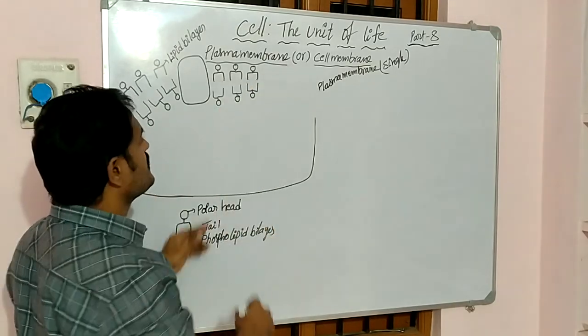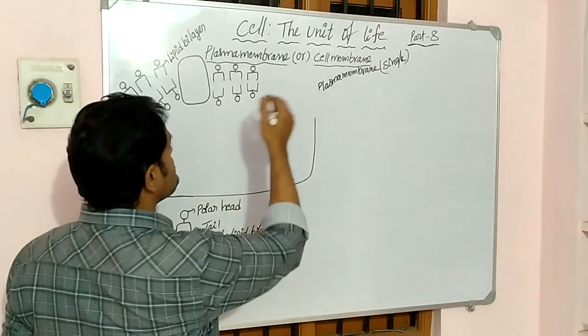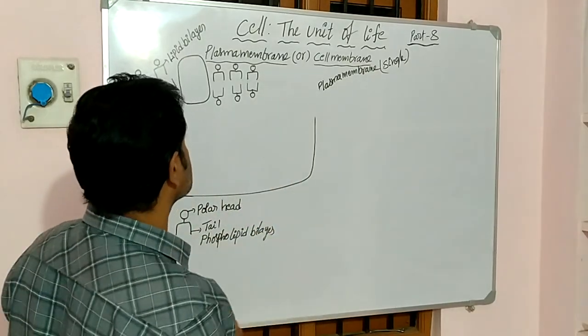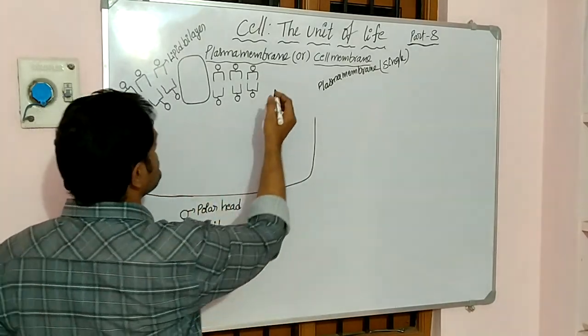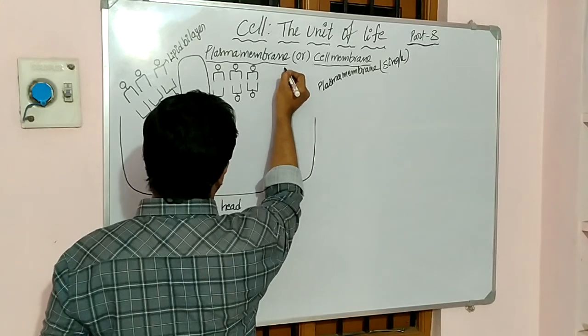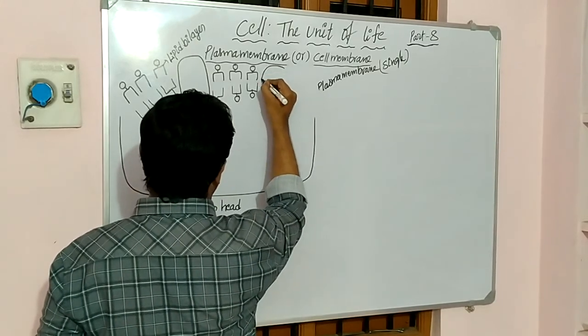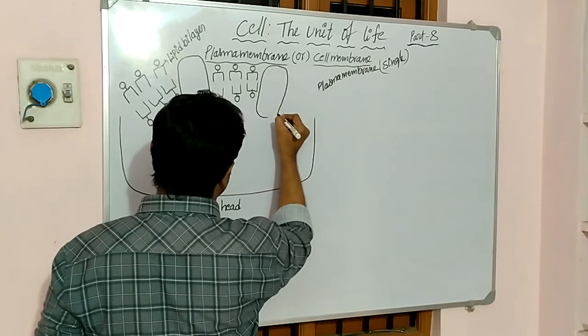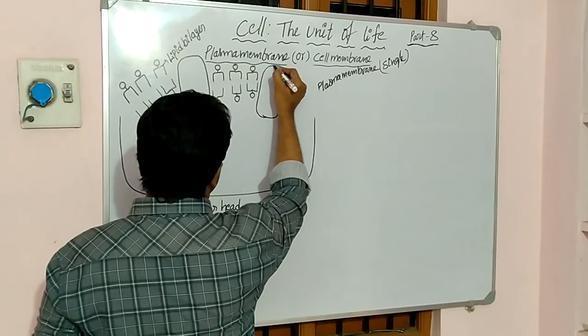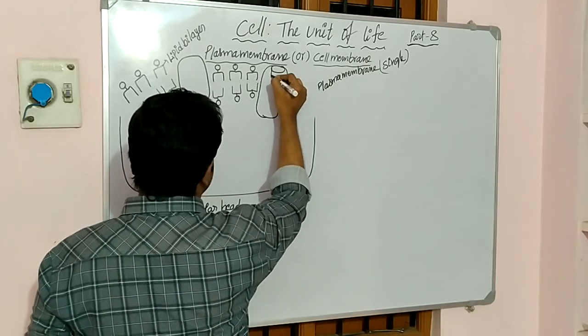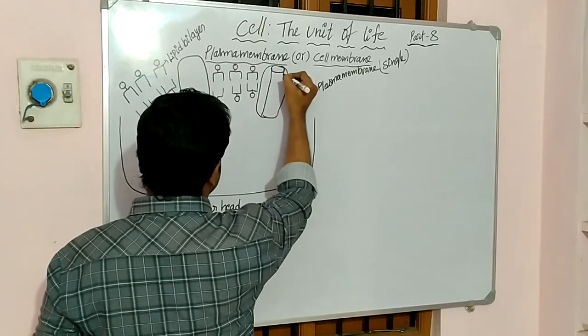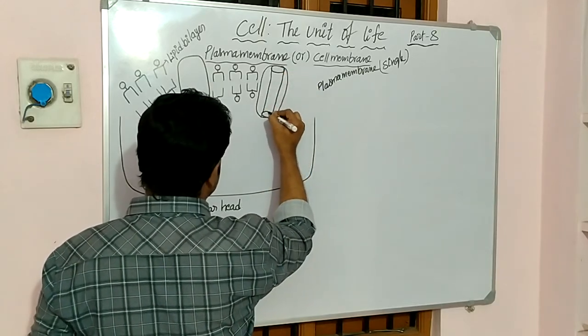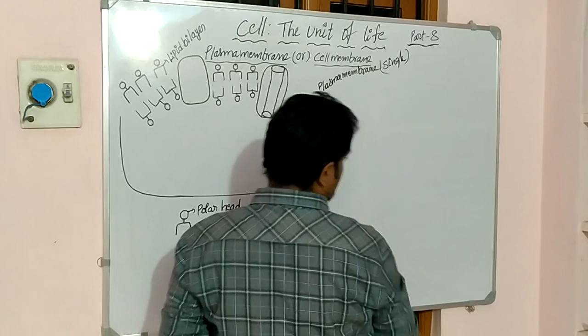Okay, in between the lipid bilayers some proteins are present here. See, different types of proteins. See, one more type of protein. This is one type of protein.